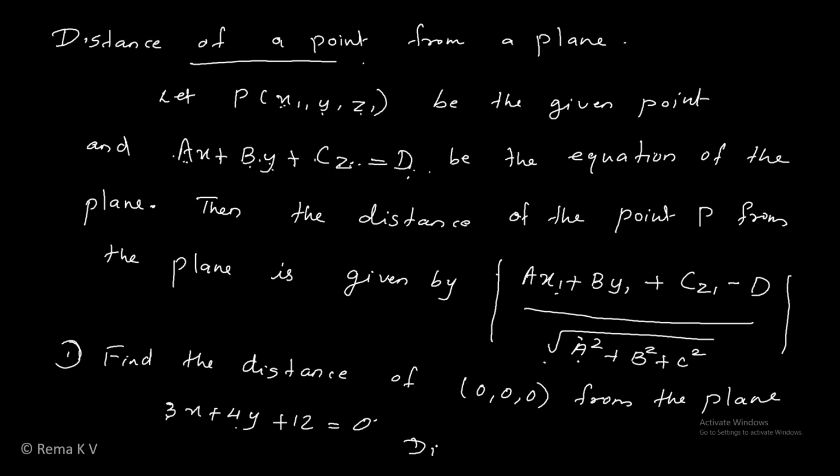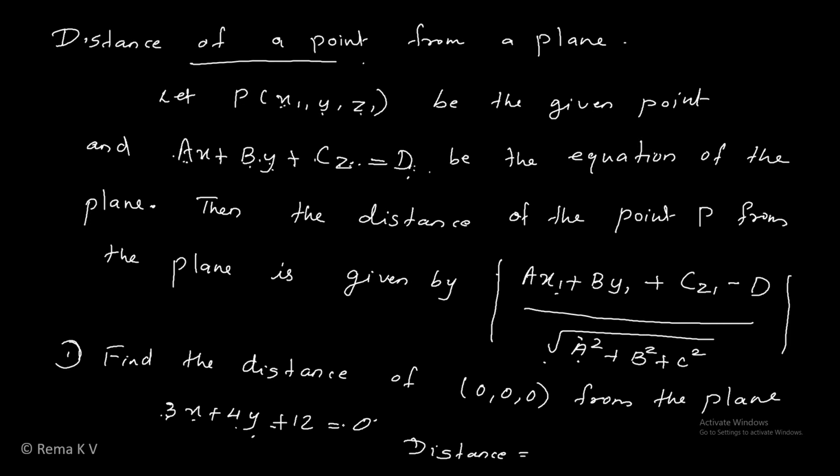So the distance is equal to ax plus by plus cz plus d equal to 0, where d is 12 here.